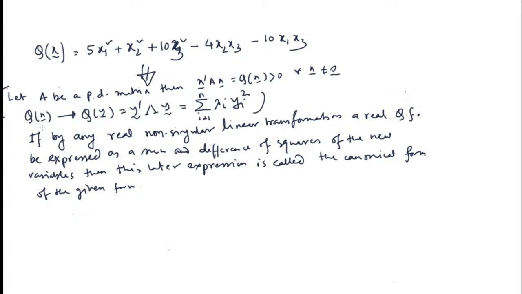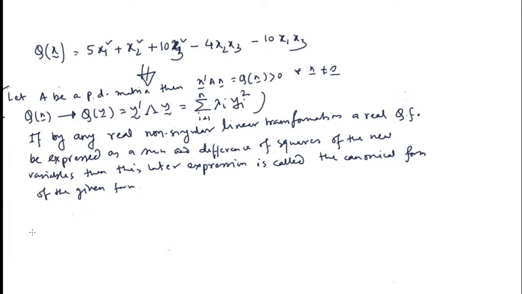If it is indefinite, some lambdas are greater than 0 and some are less than 0. If it is positive semi-definite, then the number of lambdas greater than 0 should be less than n, and so on. So this is the definition.